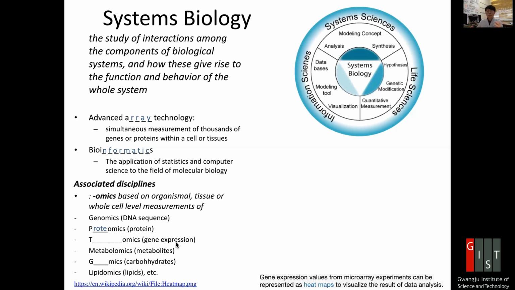And gene expression, usually from the DNA into RNA, we call gene expression. And that DNA to RNA conversion is called transcription. So the study of gene expression is called transcriptomics. This omics means the whole.